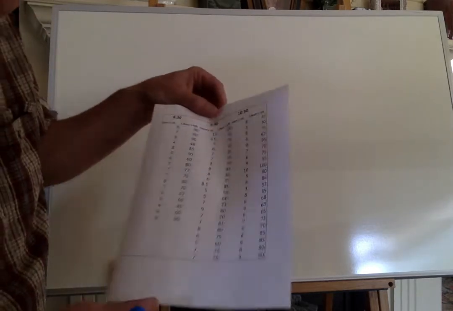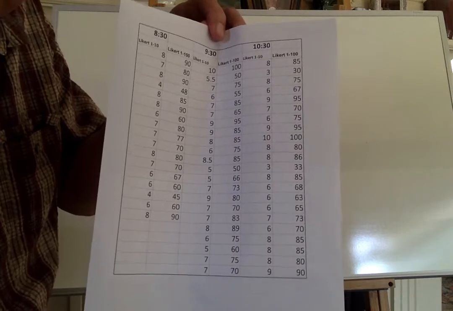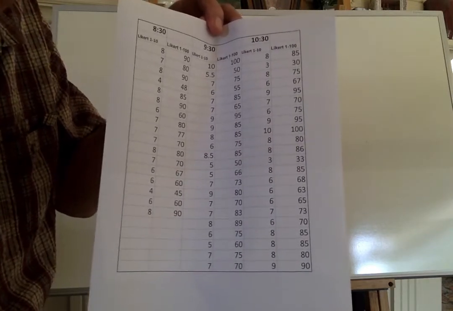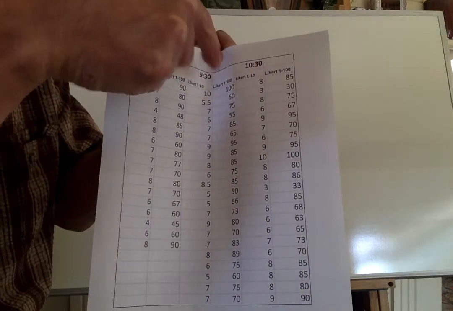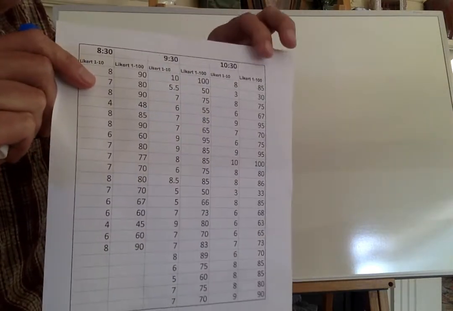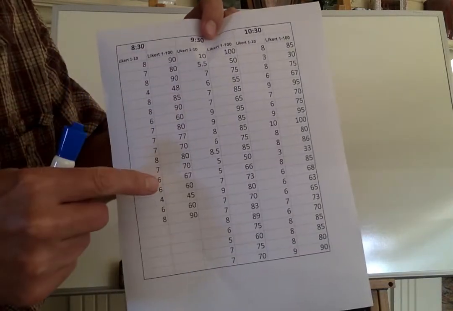It looks something like this that I sent you, and I just want to point out a few things. This is for an 830 section, a 930 section, and a 1030 section of statistics. And there are 2 columns for each class.